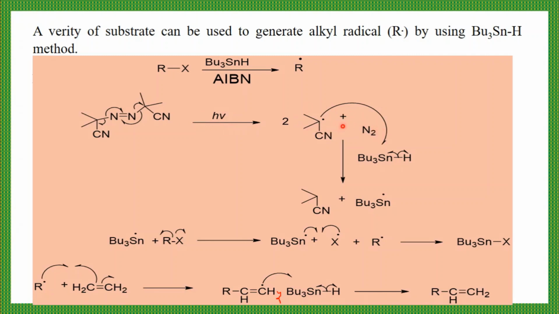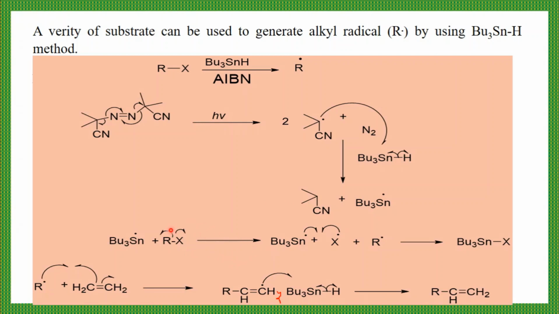Then tributyltin hydride undergoes homolysis, and it will generate tributyltin radical, and this hydrogen radical reacts with this carbon radical and generates the neutral molecule.